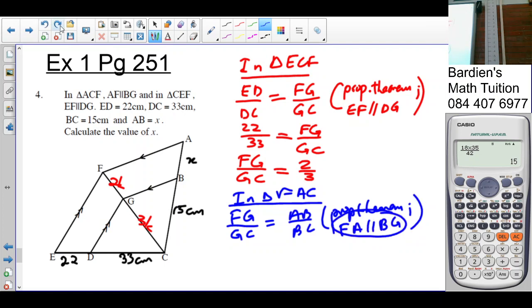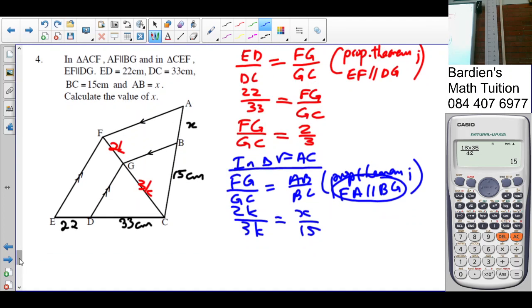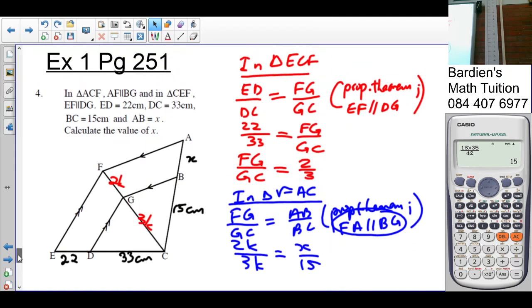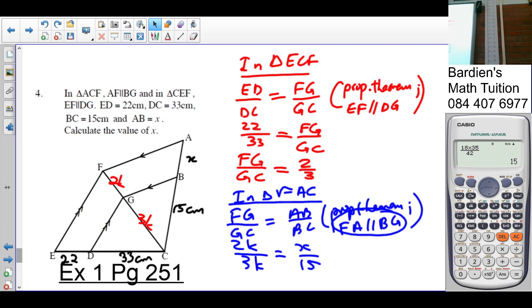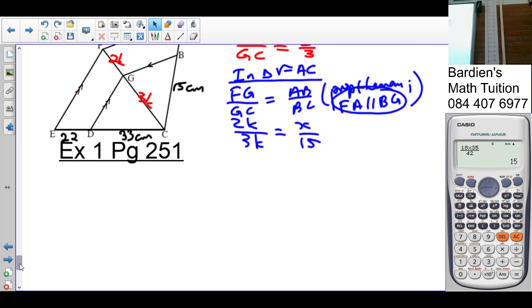Leave it so. FG is what? 2k over 3k is equal to AB, x over 15. So from here it's just a matter of solving for x.